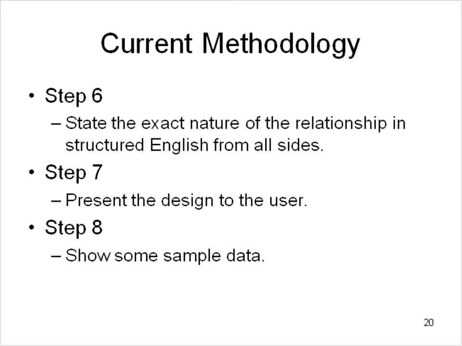Step 6 says, state the exact nature of the relationship in structured English from all sides. Notice the from all sides. The relationship is not complete unless you say something like, an employee may have many dependents, the may coming from the single line, and that gives one set of information.